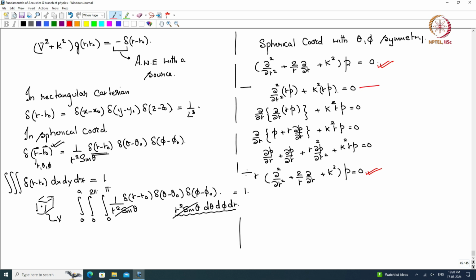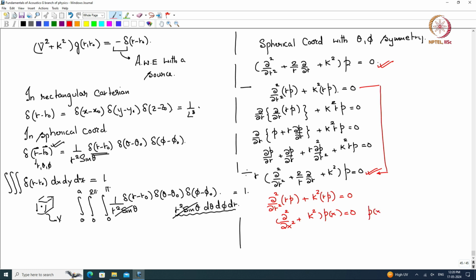So this operator, if I expand it, looks like this. But if I still stick with ∂²/∂r² of rp plus k² of rp equal to 0, how does it look to me? It looks like ∂²/∂x² plus k² of p equal to 0.